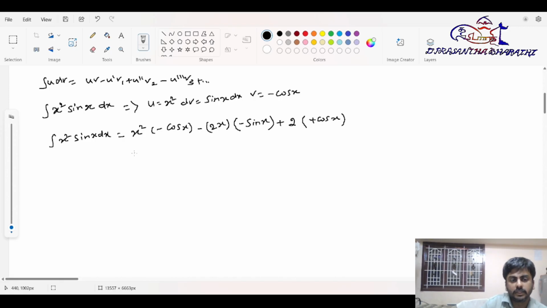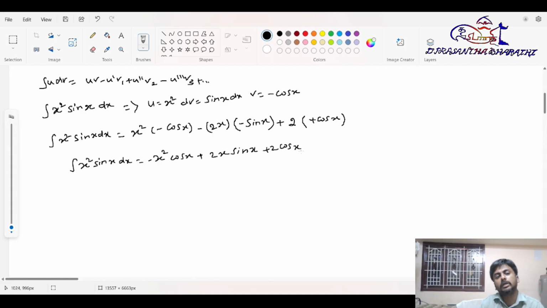So the result is the integration of x square sin x dx equal to minus x square cos x plus 2x sin x plus 2 cos x.